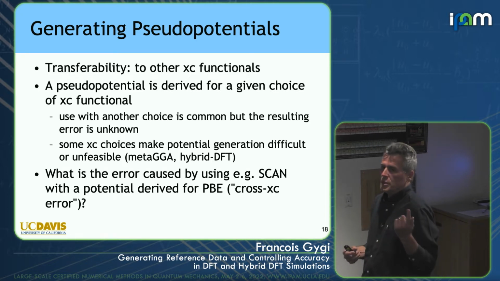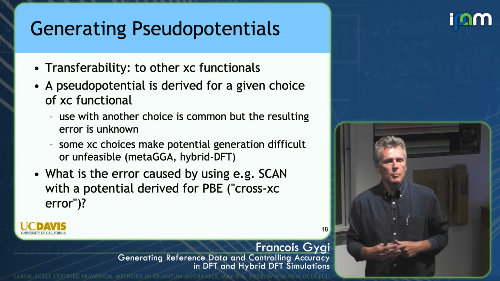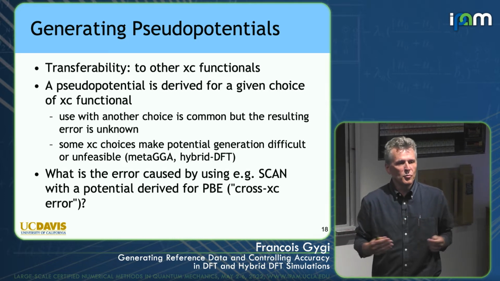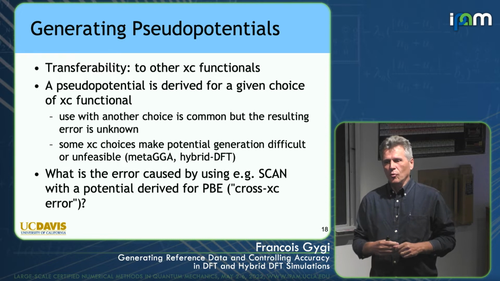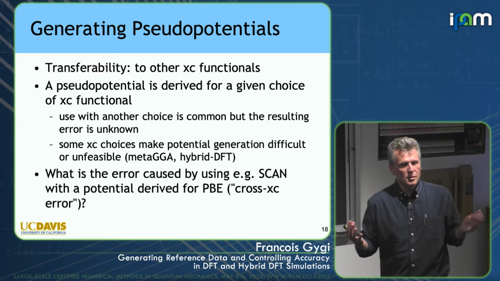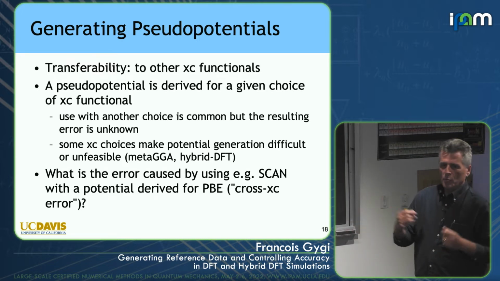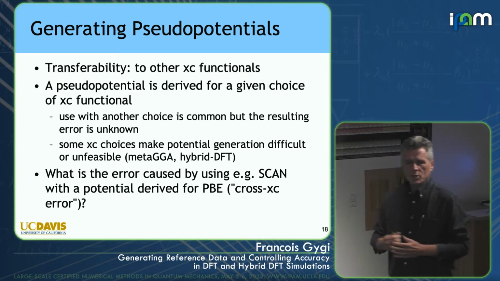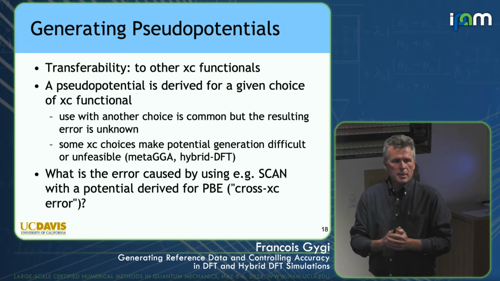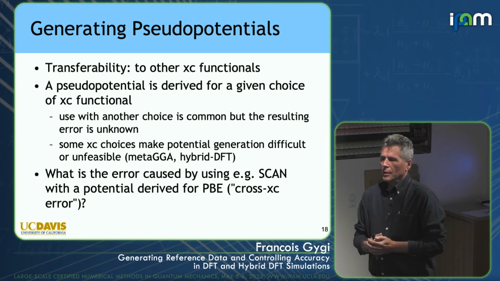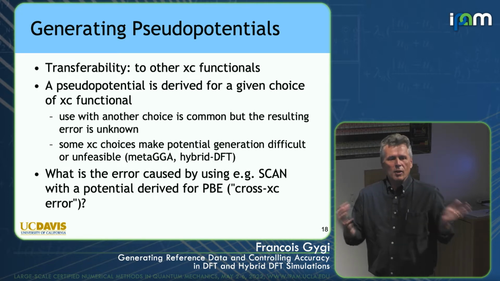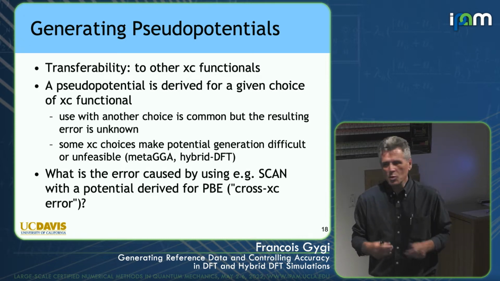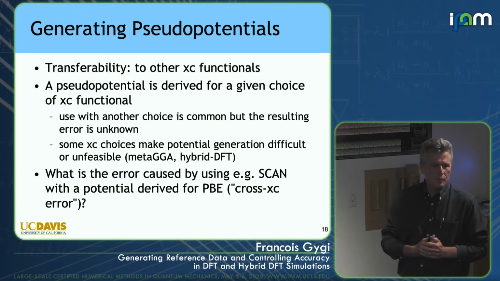First, generating pseudopotentials is quite an involved process, and not everybody generates pseudopotentials for all existing exchange correlation functionals. To give you an example, there's a well-known library that implements exchange correlation functionals called libxc, used in many electronic structure codes, and there's something like 800 functionals in it. There's no way we're going to generate potentials for all of these.